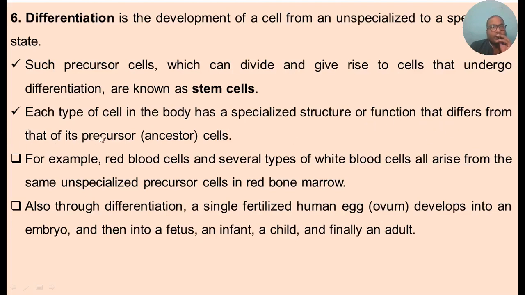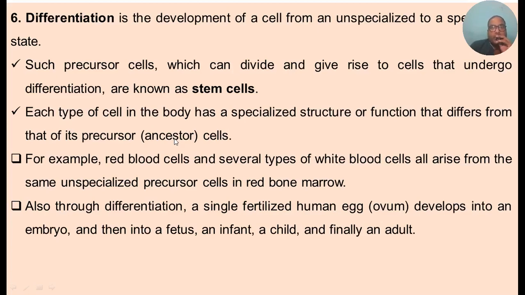Whenever it gets specialized, it performs some particular function. It has a certain specialized structure. Some specialization has occurred in that particular type of cell. So its job is to perform that fixed function.